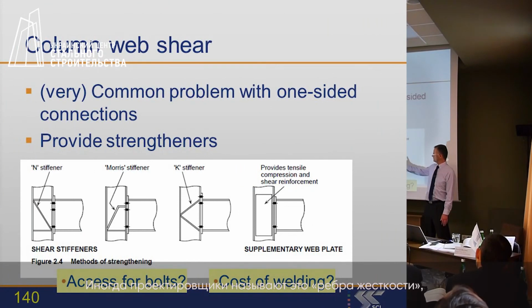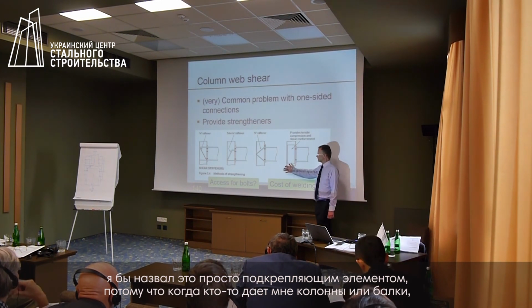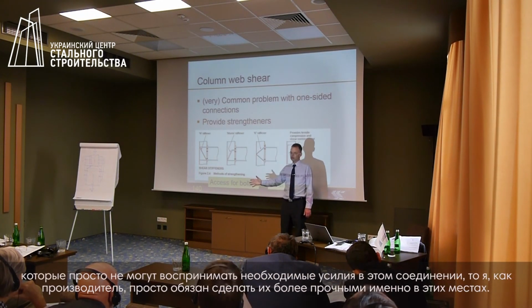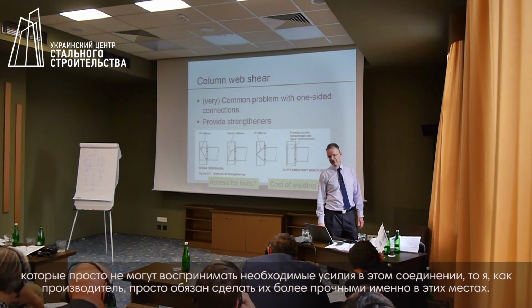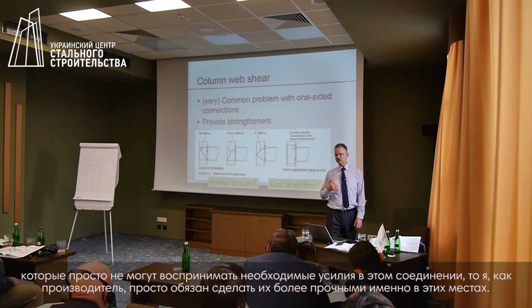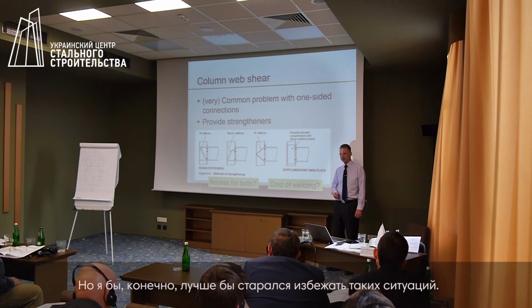Sometimes designers call these stiffeners. I would describe these as strengtheners, because somebody has given me some beams and columns which are inadequate. They are not adequate to carry the forces. And as a steelwork fabricator, I have to strengthen them. And I would like to avoid that costly exercise.